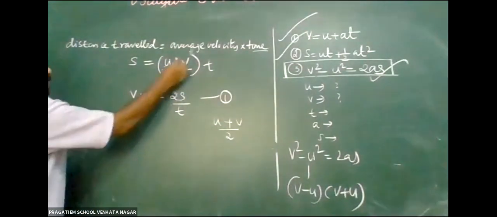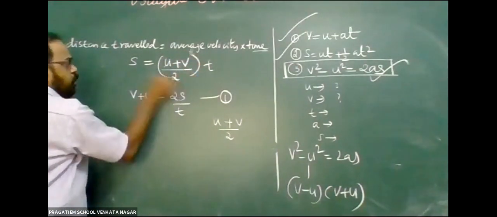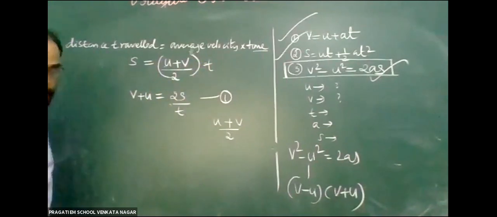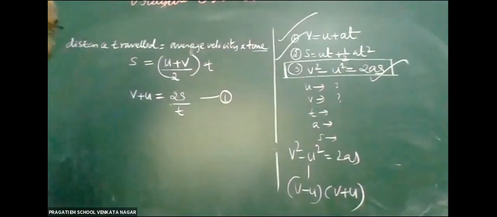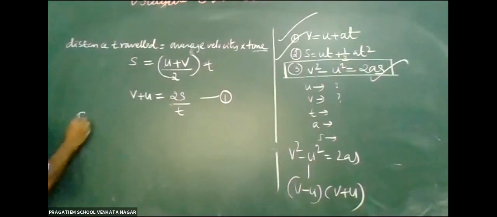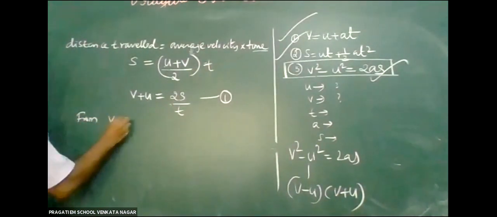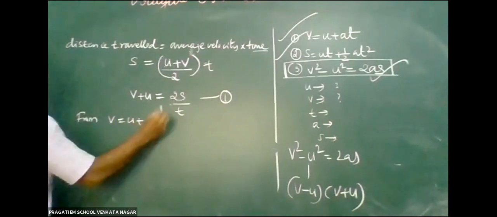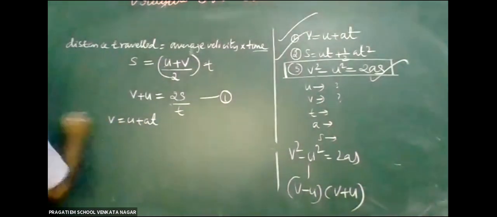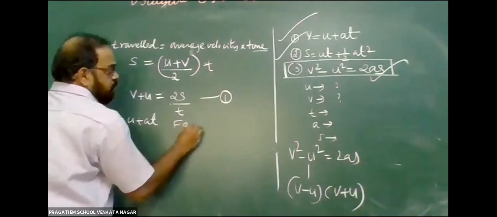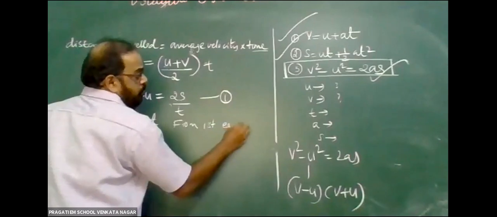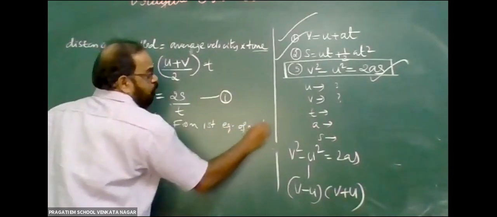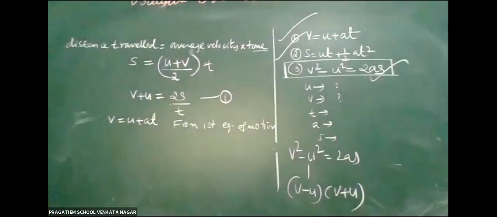Now, what we did is keep this U plus V on one side, 2s by t. Again, same as the second equation, we know V is equal to U plus at. This is from the first equation of motion, V is equal to U plus at.